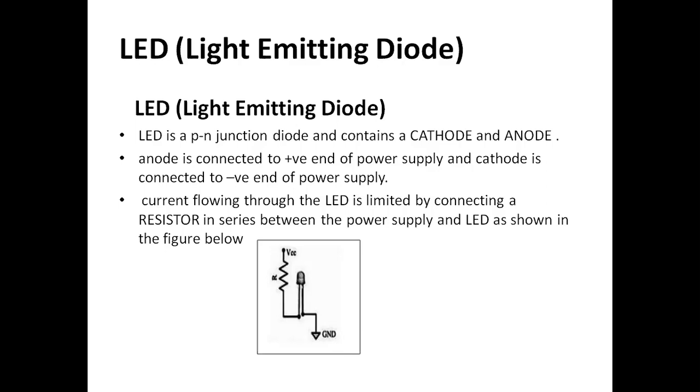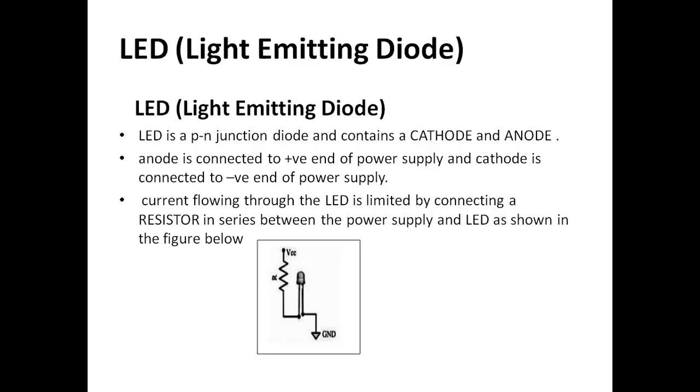The current flowing is limited by connecting a resistor in series between the power and the LED. You can see here we have VCC and the anode, and in between the two, a resistor R is connected in order to limit the current flowing through the LED. The LED can be interfaced to a processor in two ways.